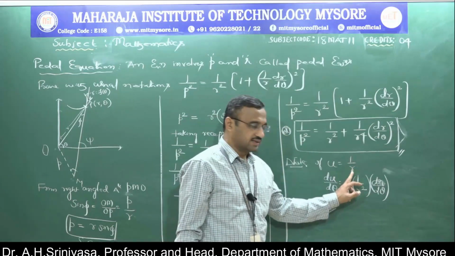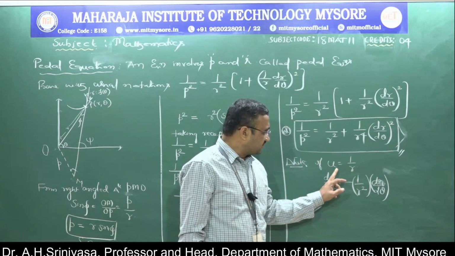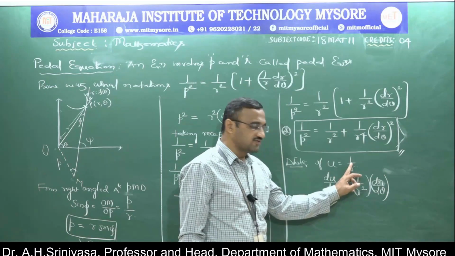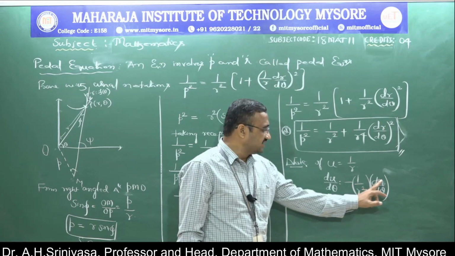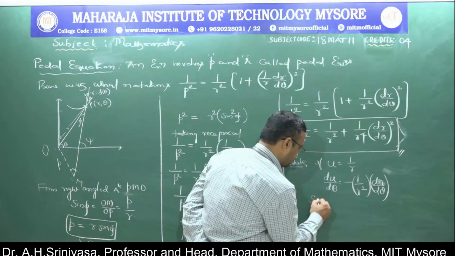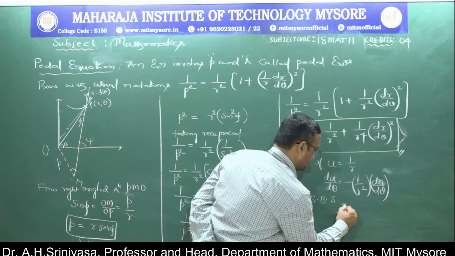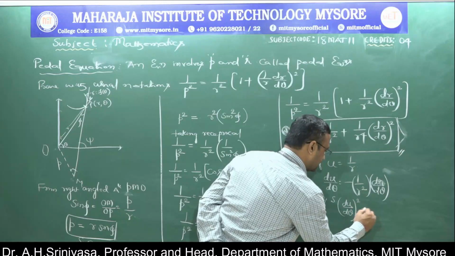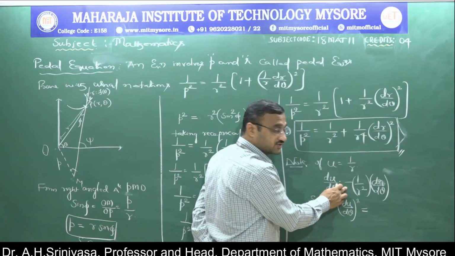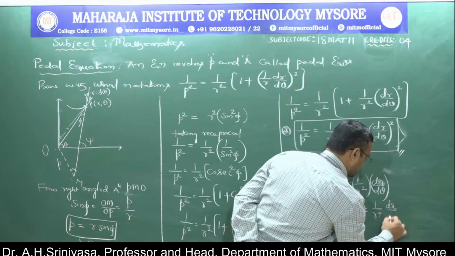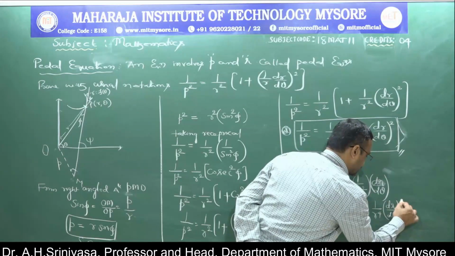Taking u equal to 1 by r, differentiating with respect to theta gives du by d theta. The differentiation of 1 by r is minus 1 by r square, then dr by d theta. If we square both sides, we get du by d theta whole square; the negative becomes positive after squaring both sides. This becomes 1 by r power 4 dr by d theta whole square.